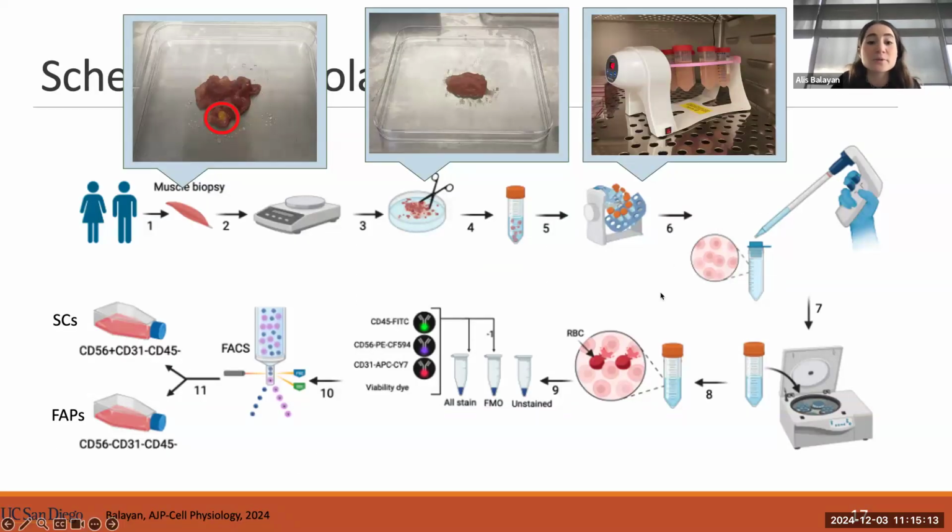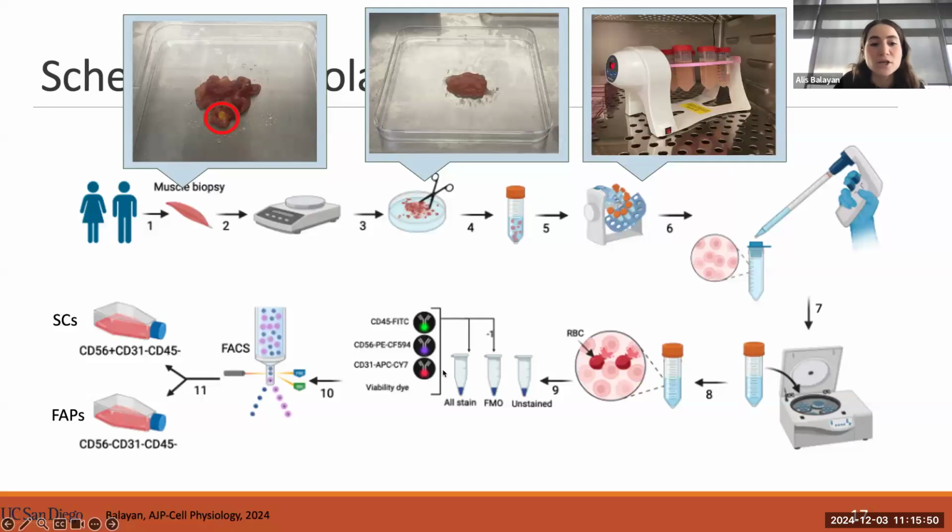At this point, after the dissociation, I'm able to obtain a heterogeneous cell population, from which I start removing the cell populations that I'm not necessarily interested in. First, I would remove the red blood cells by lysing them. Then I would use fluorescence activated cell sorting, staining the cell populations with markers: CD56 to identify satellite cells, CD45 for identifying immune or hematopoietic cells, and CD31 for endothelial cells.